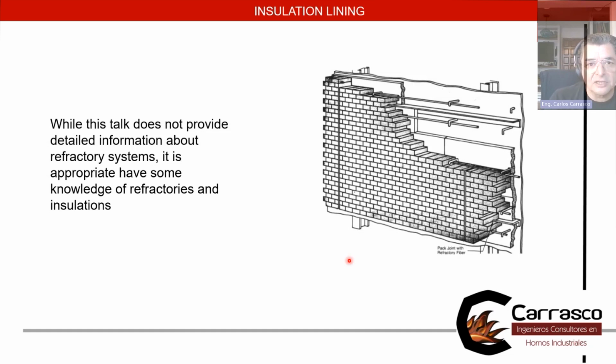Because when we are talking about an aluminum melting furnace or a forging furnace, the scale created by the process itself is very aggressive chemically to the bricks of the furnace, and it has to be properly selected for that.